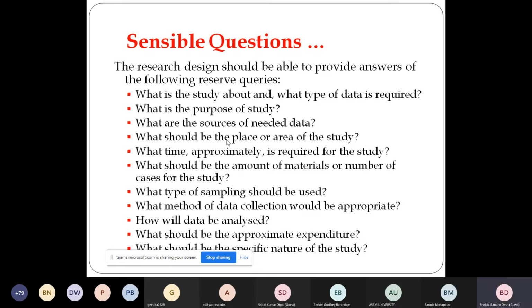Then the next one: what time approximately is required for the study? This is very, very important. I just want to ask you a very funny question. Do you want to create a career in research, or do you want to take the research to qualify for a degree?